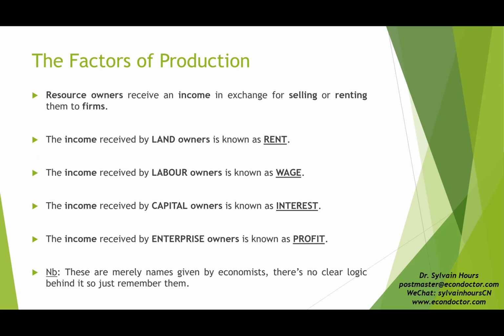But my conclusion is that these are just names that we give to the income that goes to each factor of production. There is no clear intuition or logic behind these names, especially rent and interest. So I advise you to just tell the students these are the names that economists have given to these different types of income.